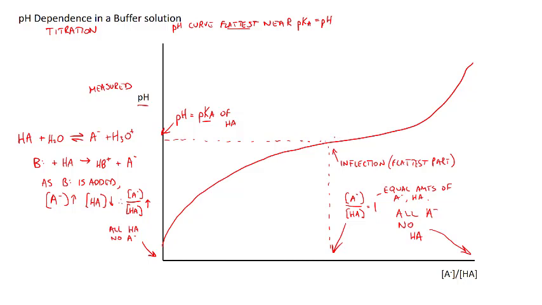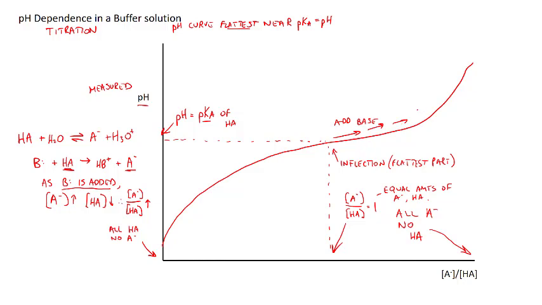Now, let's say that we continue this experiment and we're going to add more base. Let's say we start off at exactly equal amounts of acid and base, and we're going to add more base. Well, once again, as base is added, we're going to be consuming our conjugate acid and we're going to be forming more conjugate base. So our ratio is going to increase. So adding base pushes us up in this direction on our titration curve.